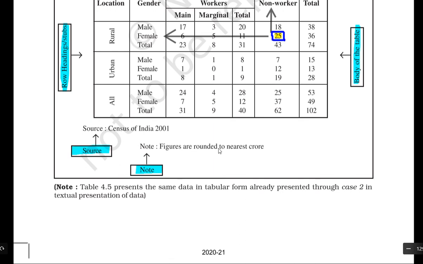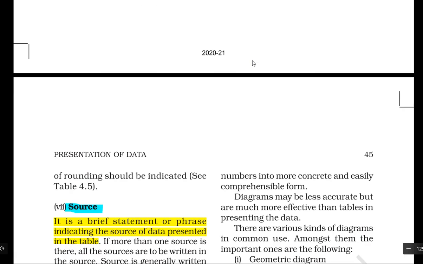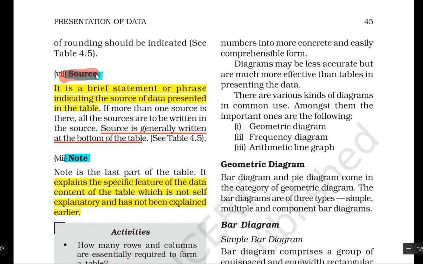Like figures are rounded to the nearest crore, so these figures are in crore, rounded over. So as I already discussed, source is another thing. It is the brief statement or phrase indicating the source of data presented in the table. It is written at the bottom of the table, and there may be more than one source also, so you have to mention all the sources if you are using them.